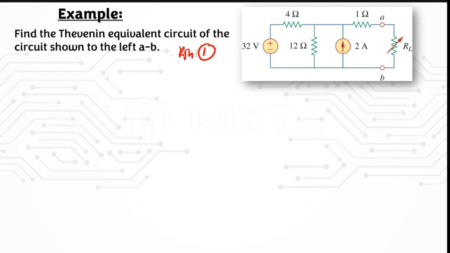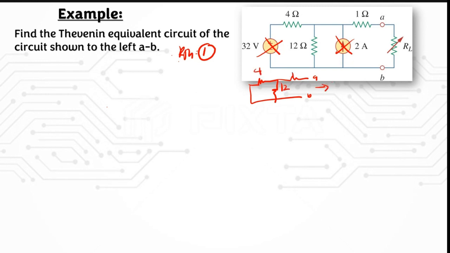Method 1 is to turn off all the sources and redraw your circuit, then calculate your RTH. So you redraw your circuit and you will get this circuit. This is your terminal A and B, and you will have the 4, 12, and 1.